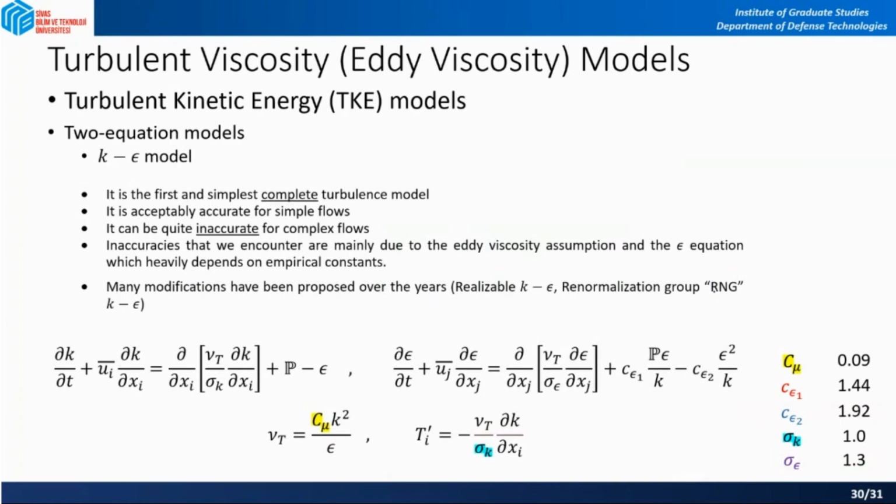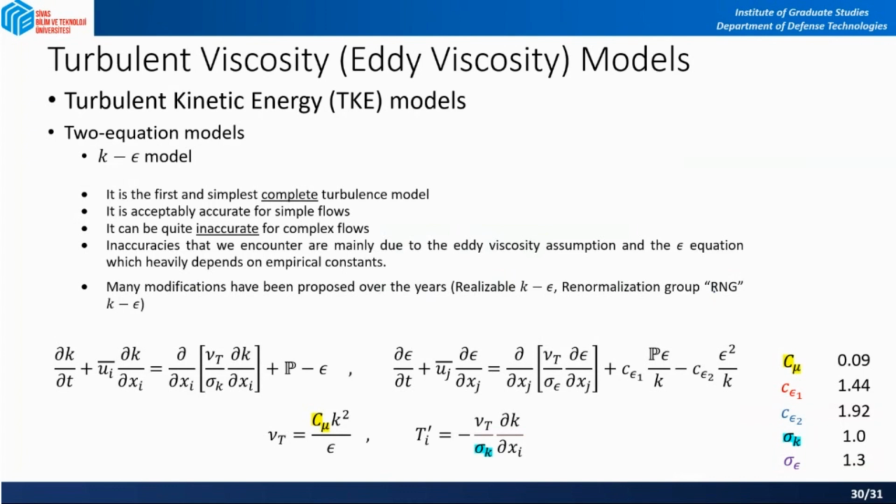The K epsilon turbulence model, as defined here, was actually the workhorse of the industry for many years, and still it is getting utilized for some applications. There are other versions we have had since the late 1980s.